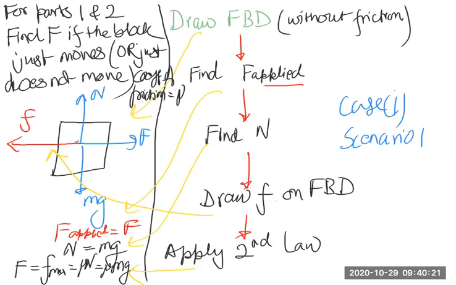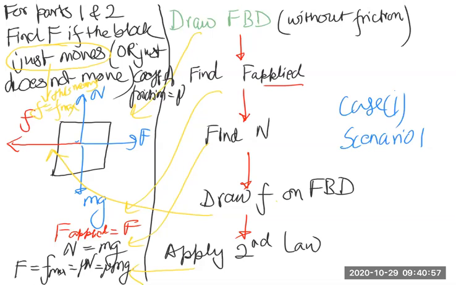So I know that friction will be opposite to F applied. And since the question specifically states that the block just moves, this means that F is equal to F max.